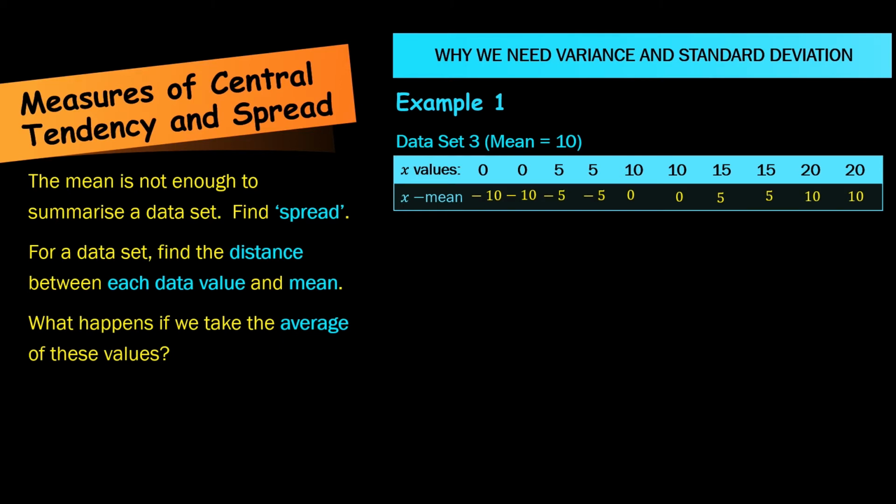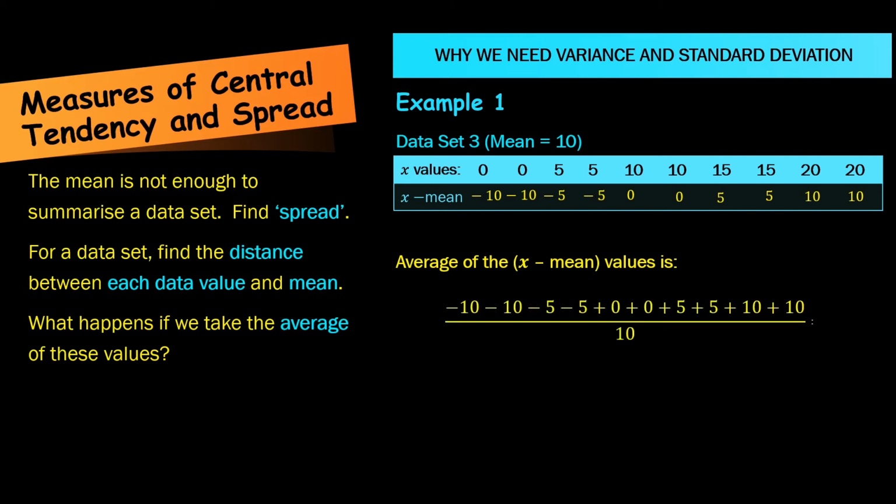Now let's take a look at what happens if we take the average of these values. So the average of the x minus mean values is: we add up all these values and then divide by the number of values we have, to give 0.